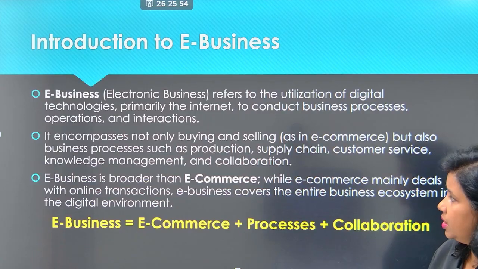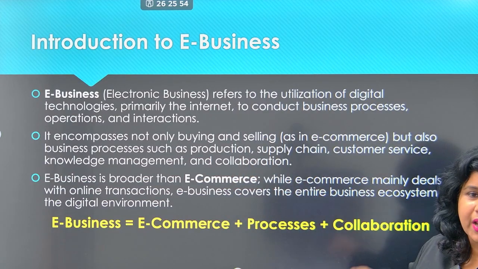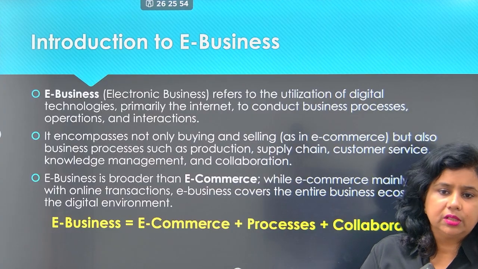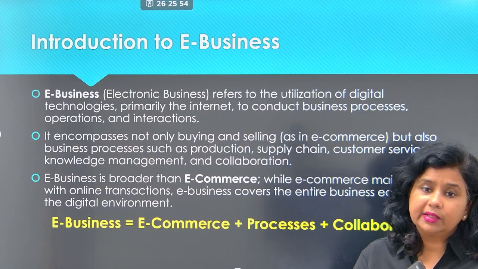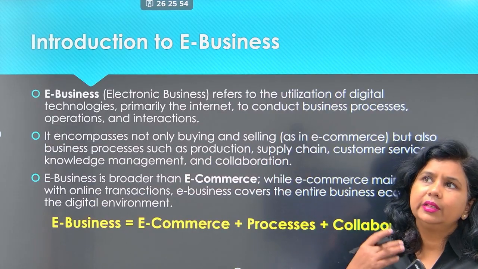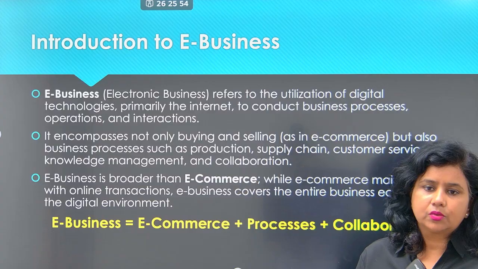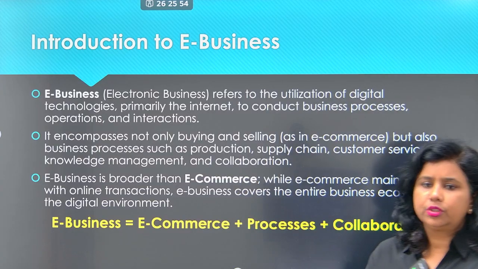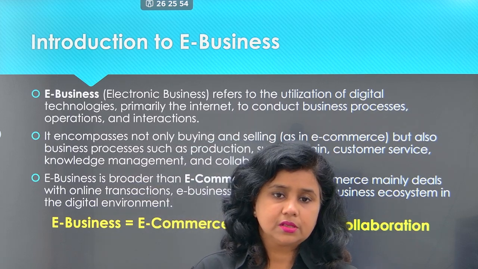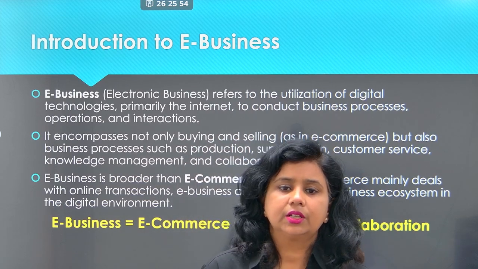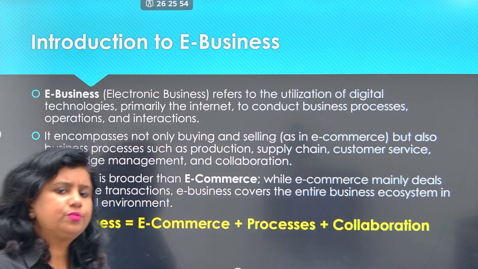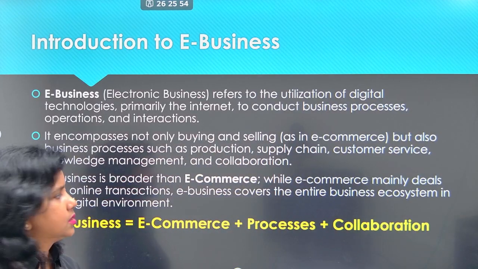So whenever a company is encompassing not only buying and selling, it is also integrating a supply chain, an ERP, CRM, its inventory, its HRMS or finance or payroll, everything it needs to take care of whenever someone is doing business. If everything is taken care of electronically, it is called e-business. A digitalization of the complete business process is called e-business.